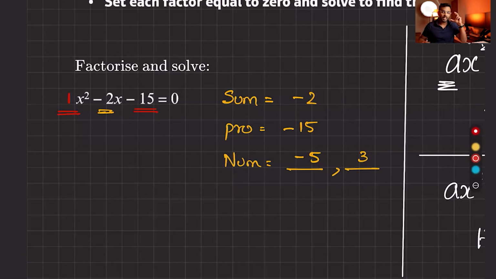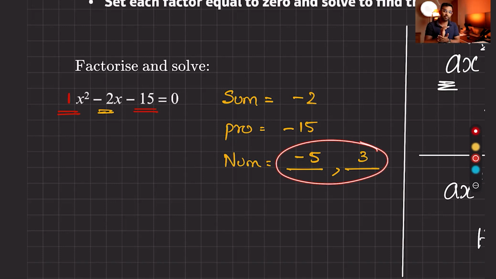Now, I want you to make an important note. The speed at which I got there, how quickly I got there, comes from experience. So if you have a tough question, don't think you will be able to quickly factorize it. It comes from experience, and you need to know the multiplication table quite well.